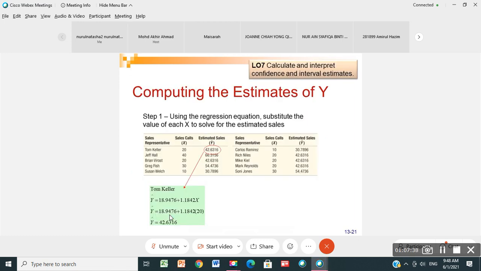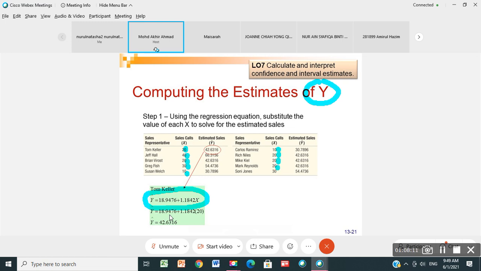Then now kita compute the y model. So using the basic formula given, 18.94 plus 1.18x. So just now we put in the x values here, 20, 40, 20, 30, and 10, and so on until 10 of the representatives.